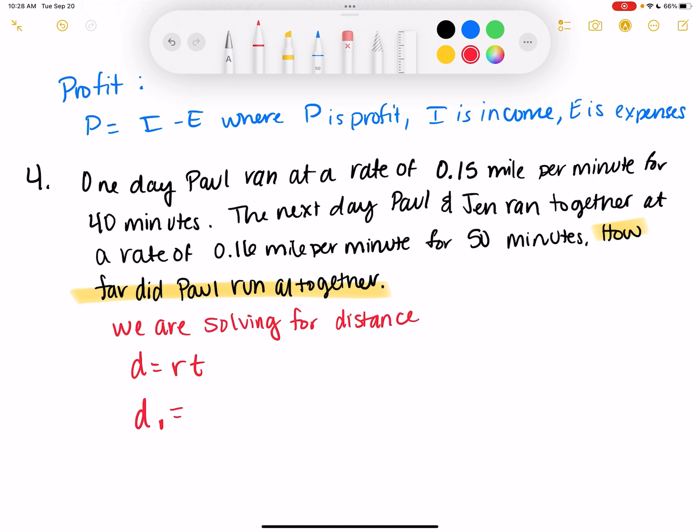So our rate is 0.15. And then our time was 40 minutes, so 0.15 times 40. So 0.15 times 40 is going to be, that's 600, move the decimal place over, so it's actually just going to be 6.